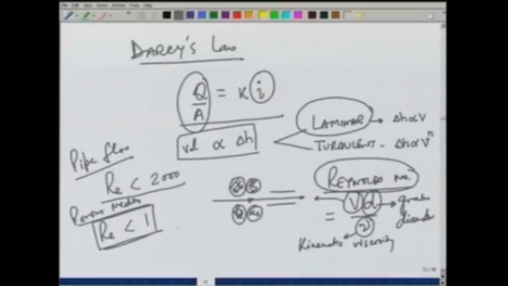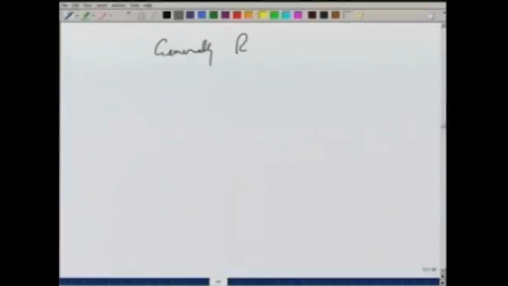So, the applicability of Darcy's law typically will be limited to small velocities. In general, groundwater flow has a very small velocity. So, generally RE is less than 1, and therefore, Darcy's law will be applicable, but in some cases Darcy's law will not be applicable.